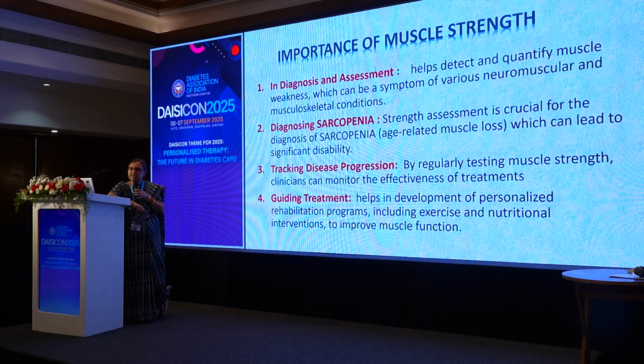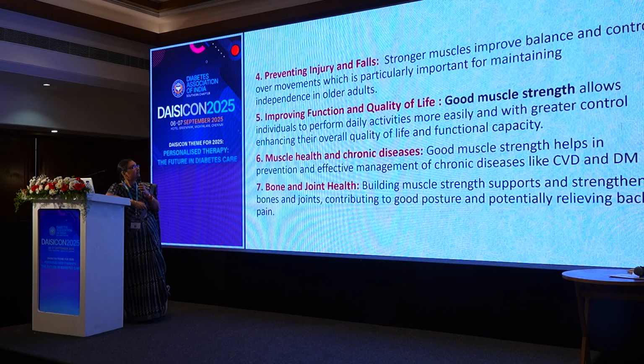It helps in rehabilitation programs, nutrition programs, and for a lot of workouts. And most important, muscle strength prevents falls and avoids injuries. And more than that, it improves the quality of life, mainly the functional quality.